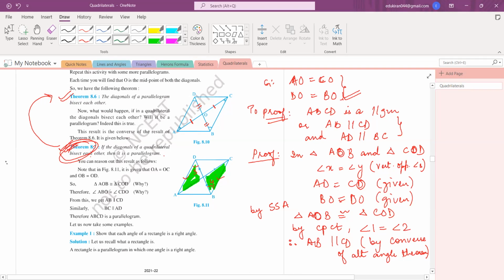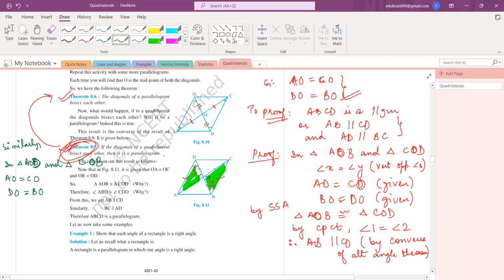Now this time take, or you can write similarly, in triangle AOD and triangle COB. Now quickly tell me whatever you have. Very quickly. Use the given condition. AO is equal to CO. DO is equal to BO. The third one.